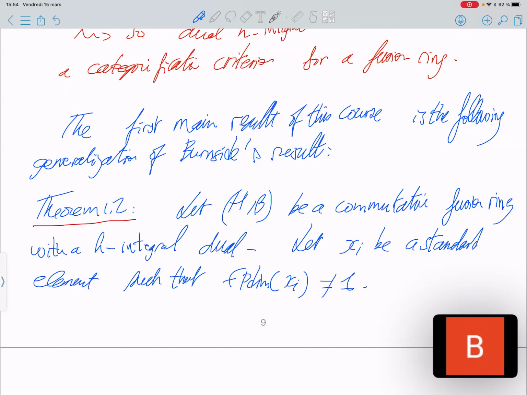So here I use Frobenius-Perron dimension. We know that a fusion ring with H integral dual is weakly integral. We mentioned that before.